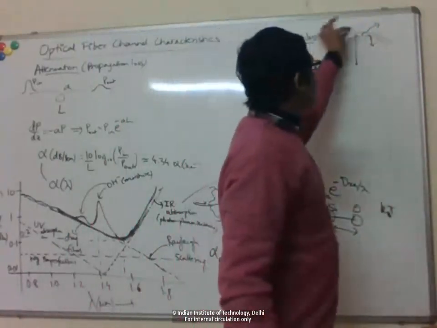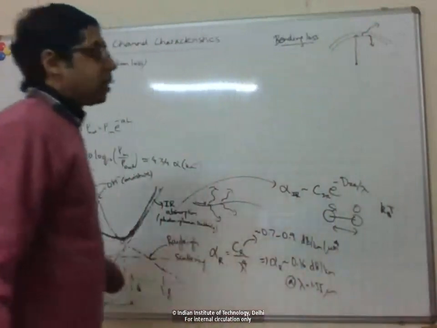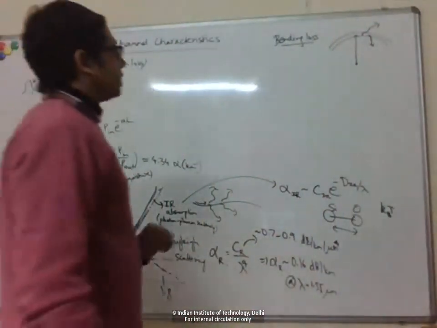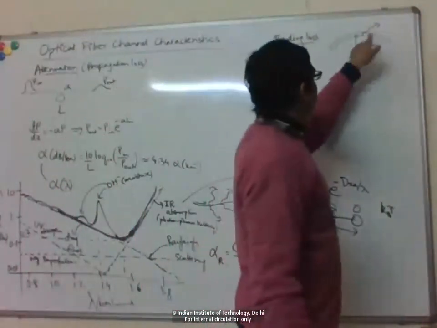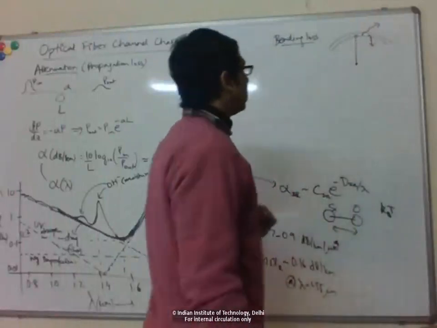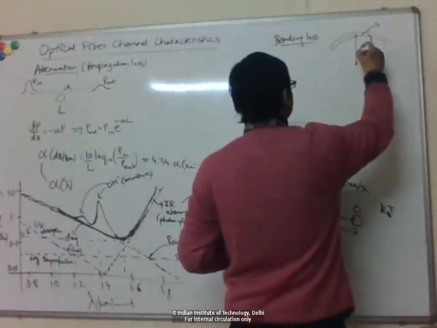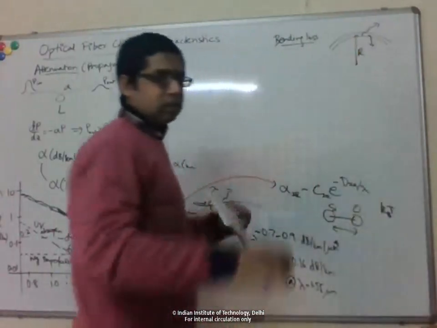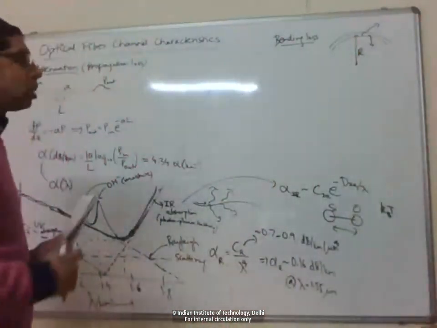So you cannot have a perfectly guided mode in a bent fiber anymore. As soon as you introduce a bend, there is always some loss associated, and the loss scales with the radius of curvature of the bend. The tighter you bend, the more the loss.